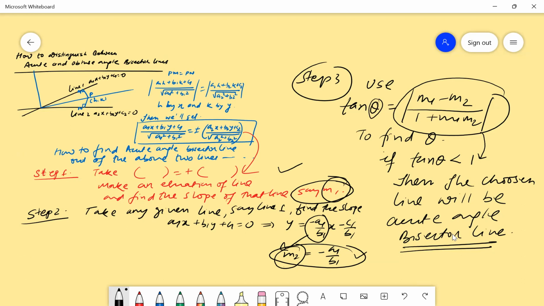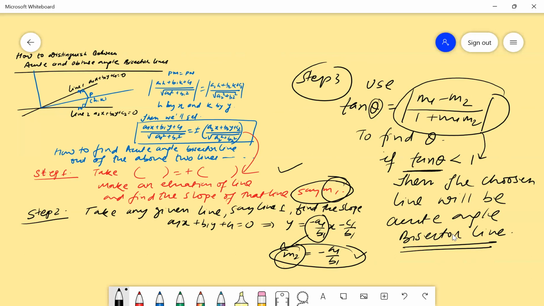If tan theta between them is less than 1, the bisector is making an angle less than 45 degrees with that line. Why less than 45? Because tan theta is less than 1. So double of that angle is less than 90.